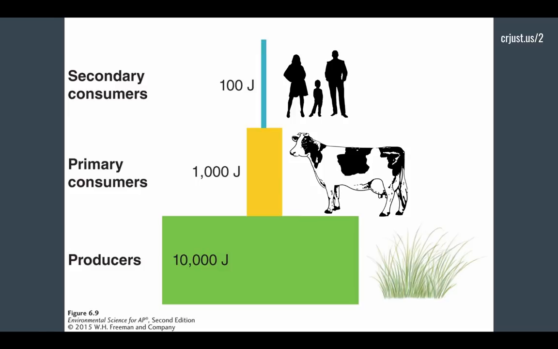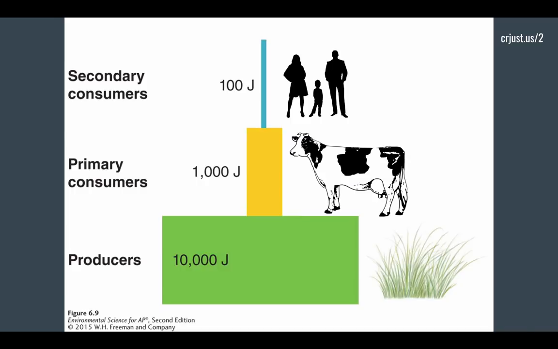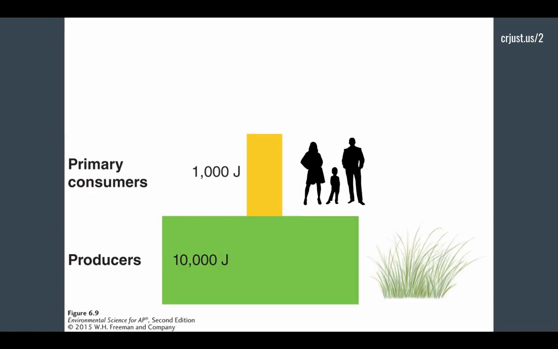If we eat closer to the producers, and maybe became a vegetarian, got rid of, in this case, the cows, think about how much more energy we have available to us. 10,000 joules of energy total versus just 1,000 joules if we're eating directly from the cow. Think about what we can do to live more sustainably in this class. That's what this class is all about.